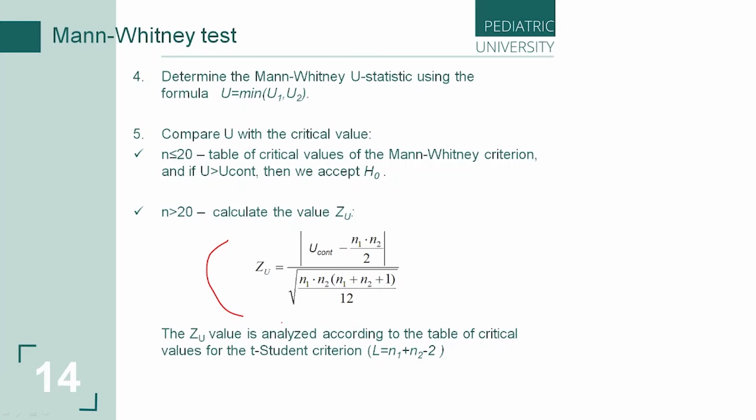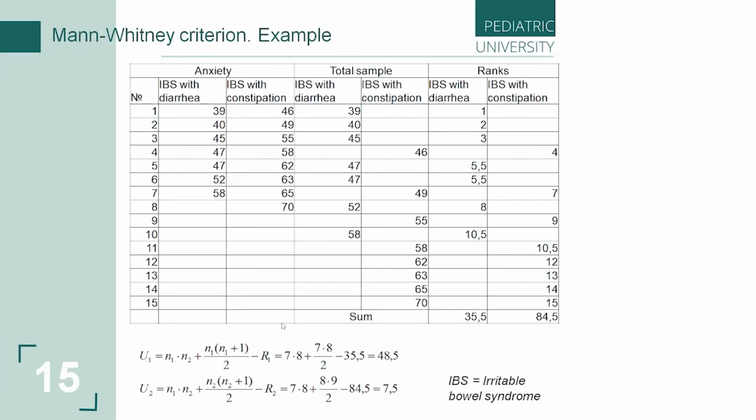We count the value of the criterion and then use the Student's tables to analyze this value. This value is distributed according to the Student's distribution with N1 plus N2 minus 2 degrees of freedom. Then we proceed in the same way as we did when considering Student's criteria.